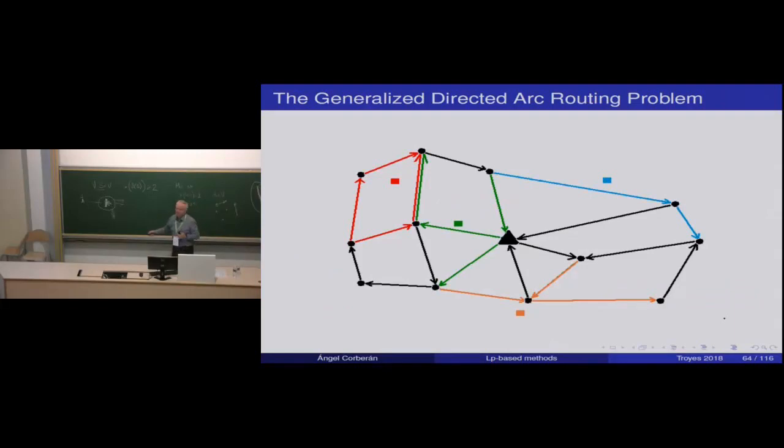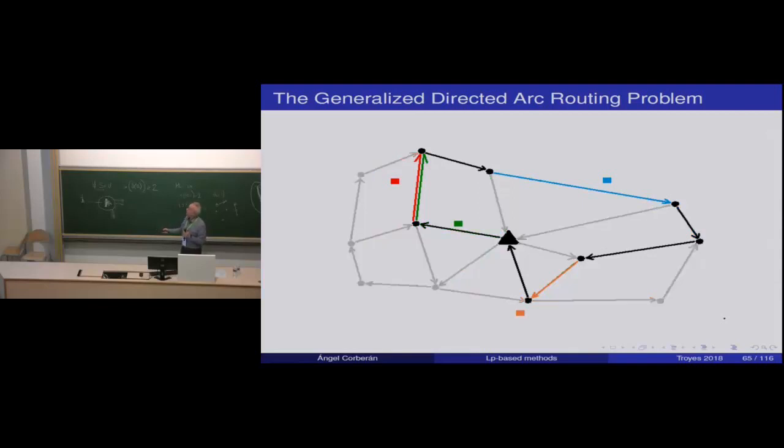So, for instance, imagine we have these 4 meters, the red, green, blue, and orange, and I can read the measure of the meter red if I traverse any of the red arcs. Also, if the vehicle traverses any of the green arcs, then I can take the measure of meter green, and so on.